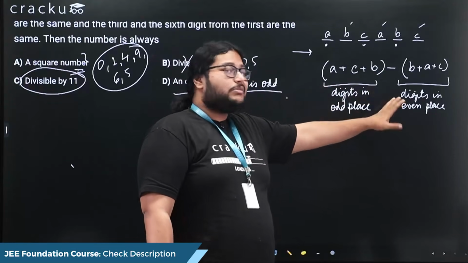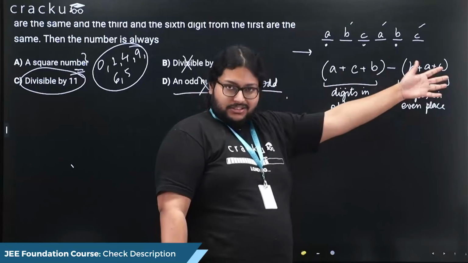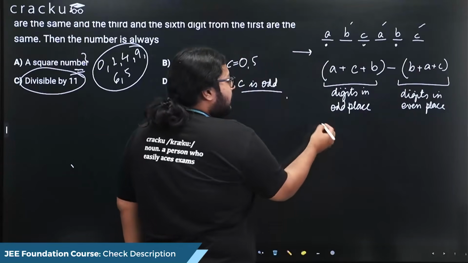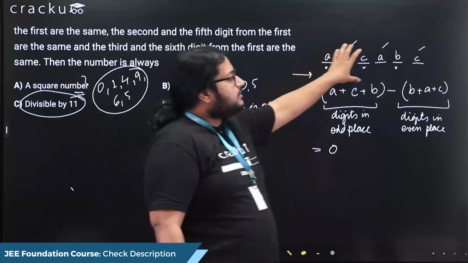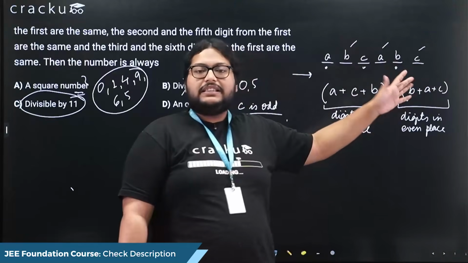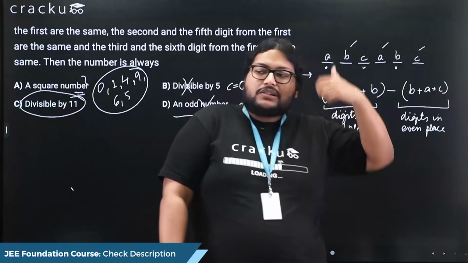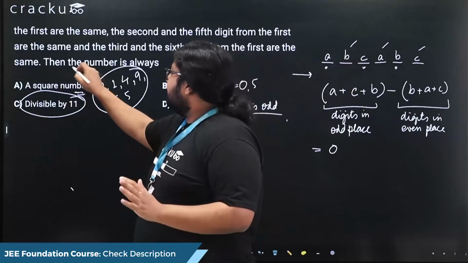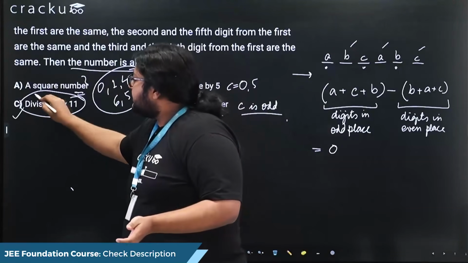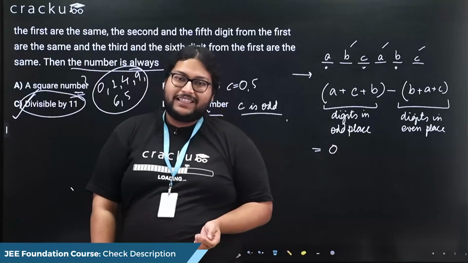Clearly this is going to be 0. ACB, ACB cancels, everything cancels out. This is 0. So no matter what these digits are, no matter what A, B, C are, this number is always going to be something that is divisible by 11. So we can say the number is always option C, which is divisible by 11.